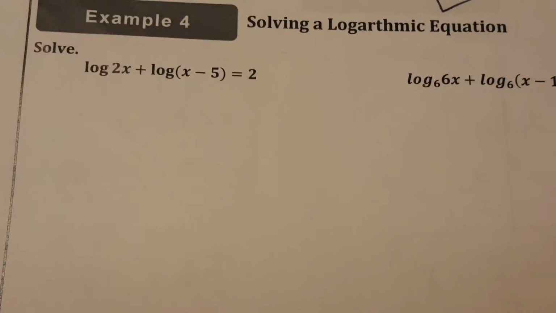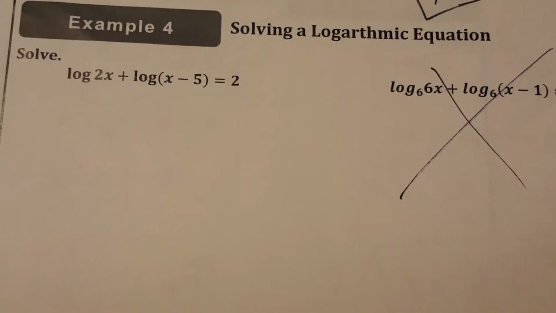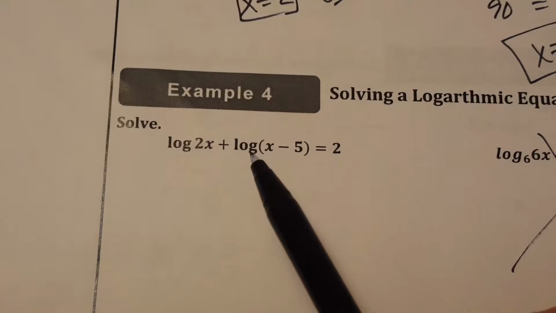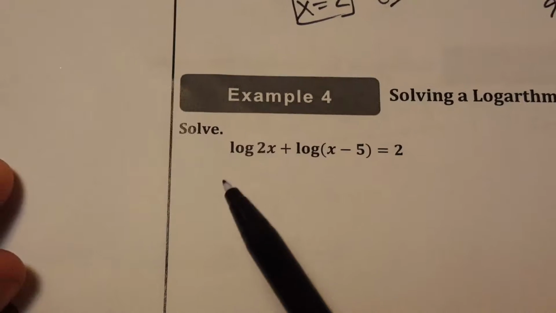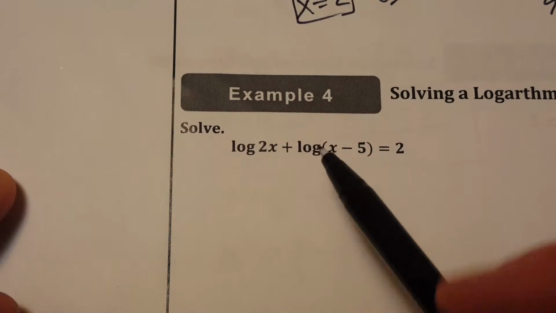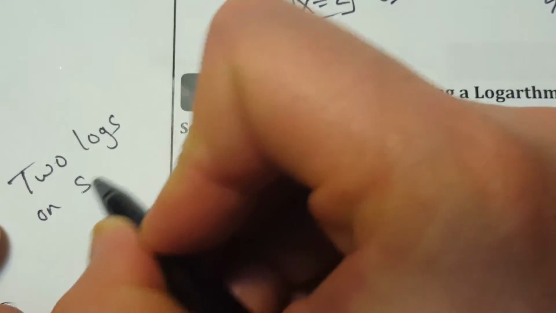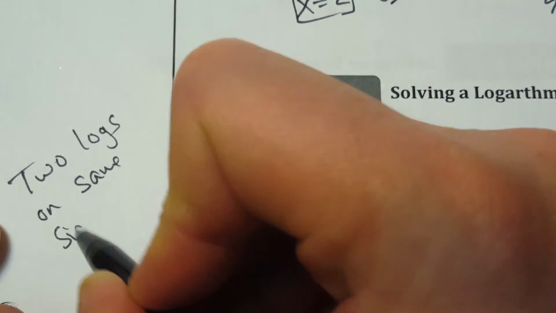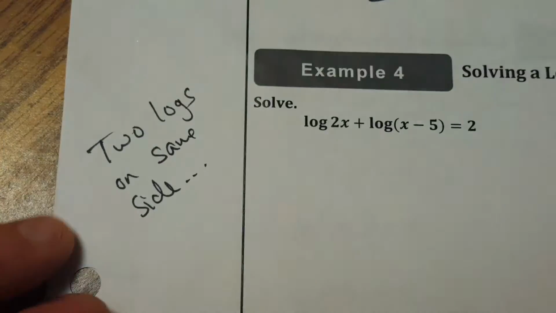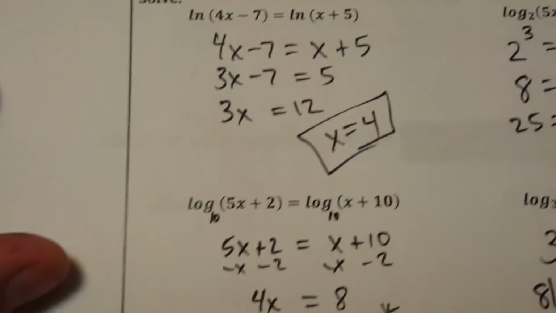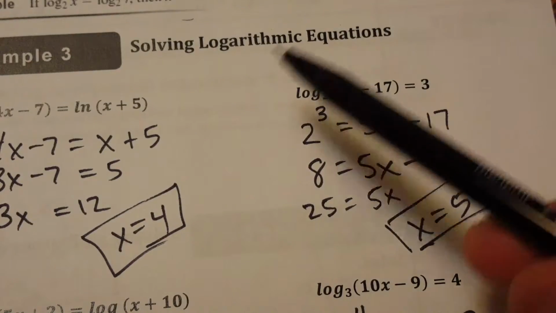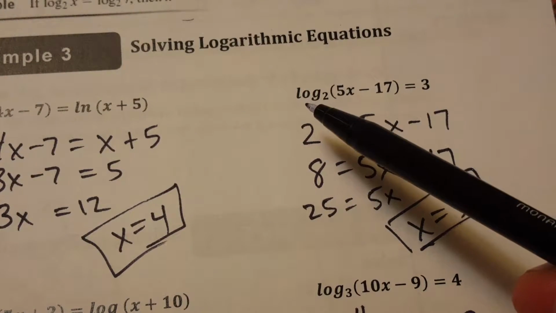The last one, I'm going to skip this one. The last one here, what's different is you have 2 logs on the same side. All right, so that's what makes these different. So far, if I look up here, the first page in this example had a single logarithm.